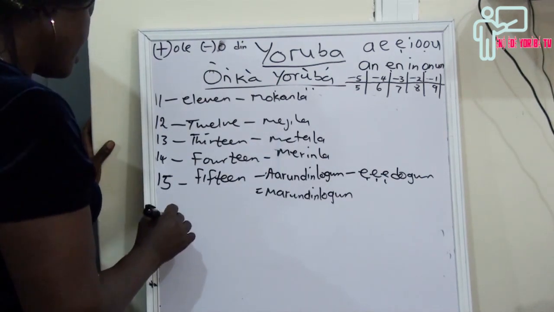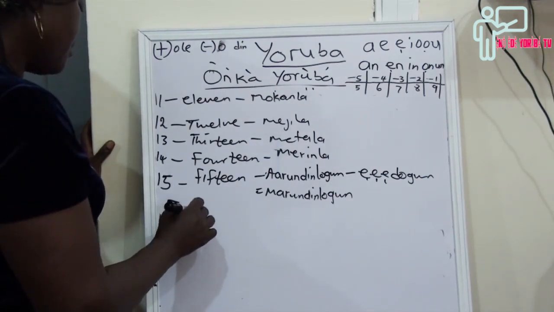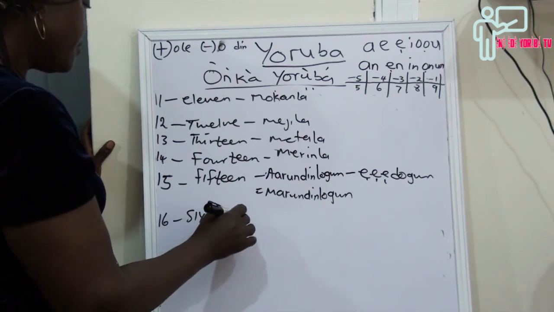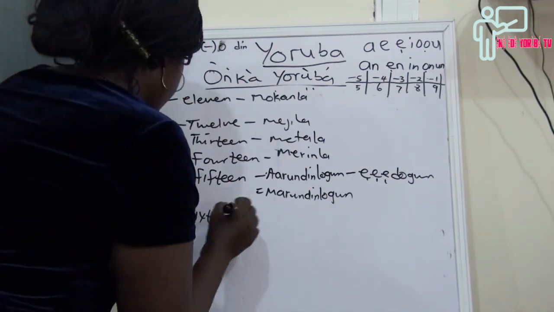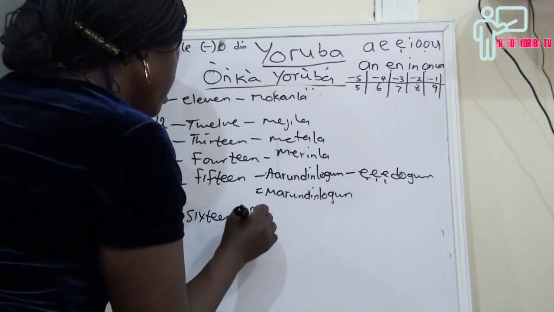So this is 16. You can also say ẹ̀rìndínlógún.